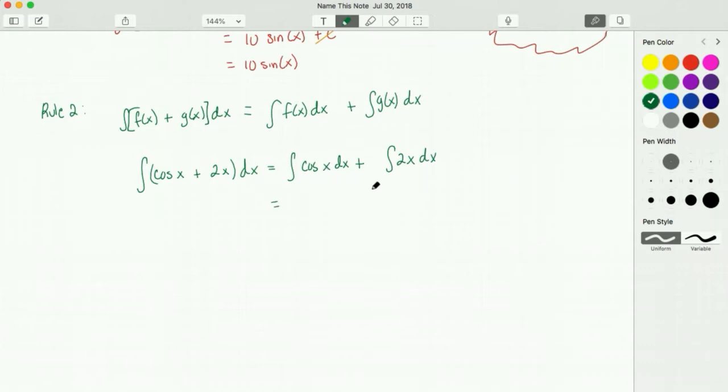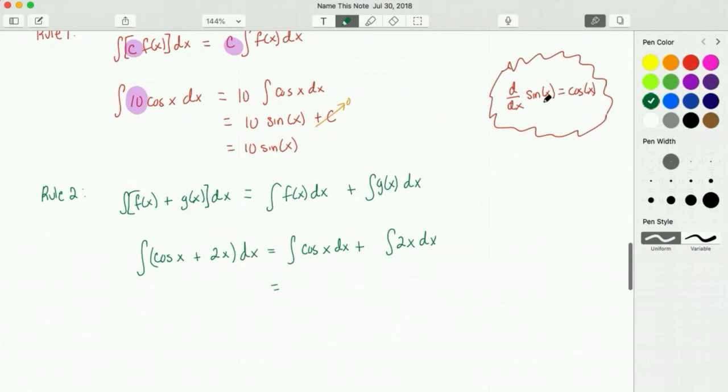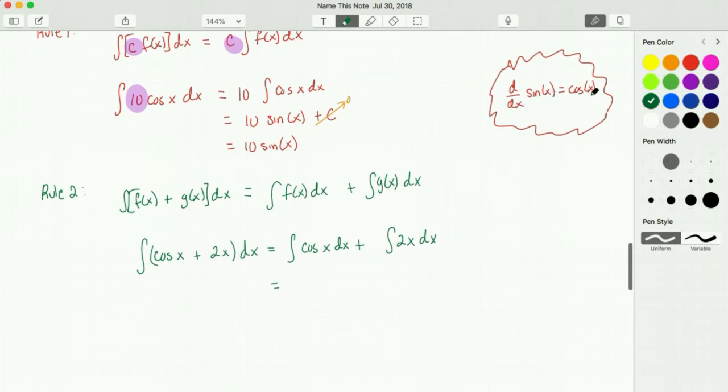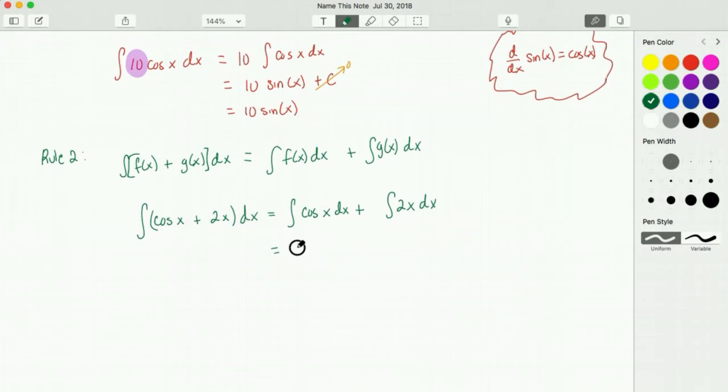Now taking these separately, with the same rule that we used here, we know that the derivative of sine x is cosine x, so the integral of cosine x should be sine x. So right here we have sine of x plus the integral of 2x dx, which will give you x to the power of 2.